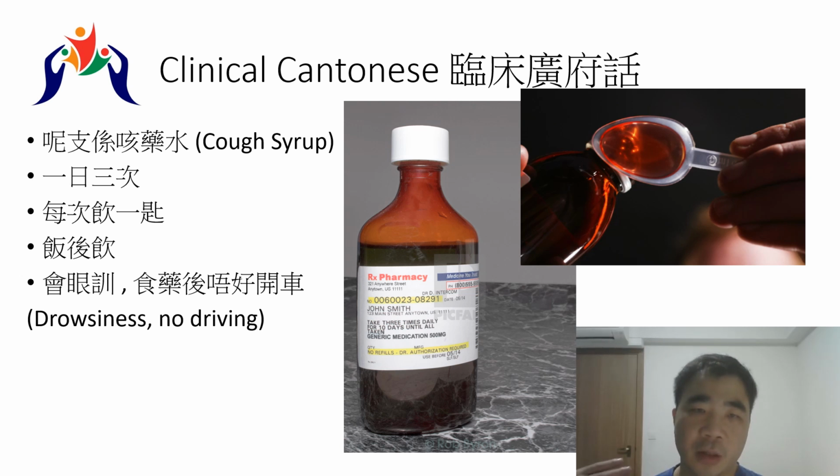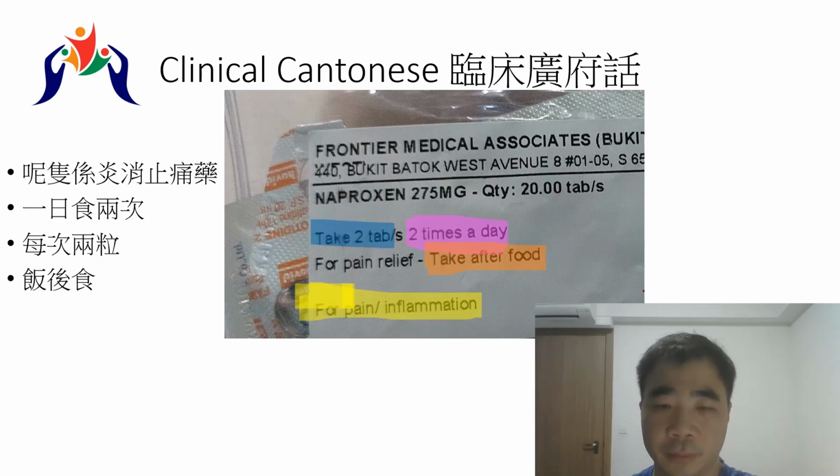Those are the instructions. Feel free to repeat and practice this. It's not easy because there are a few terms together. Okay. So after you practice this, then we go to example 2. Example 2 is that we prescribe a painkiller and anti-inflammatory, combining both.